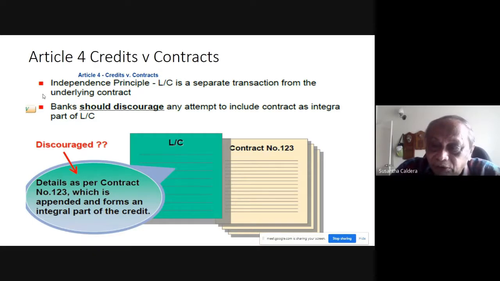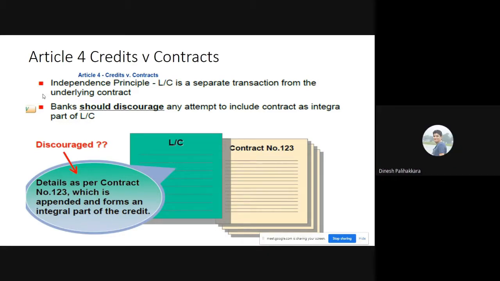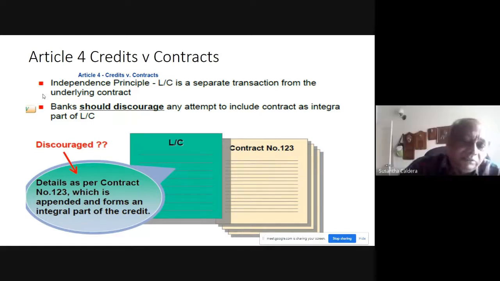Who are the parties to a documentary credit contract? Issuing bank, beneficiary, confirming bank. Very good. Issuing bank, beneficiary, and confirming bank, if any. Otherwise, only the issuing bank and the beneficiary.